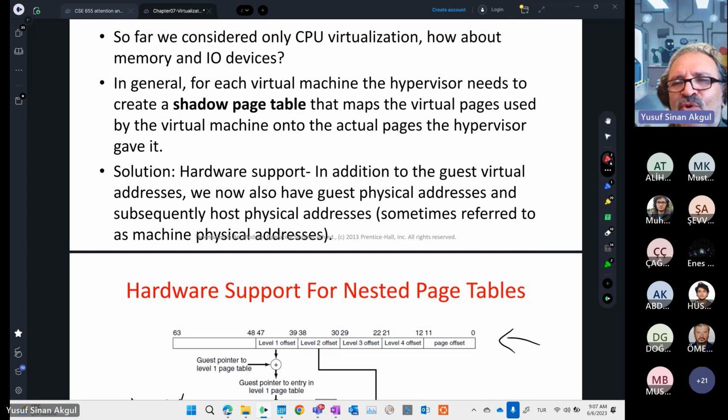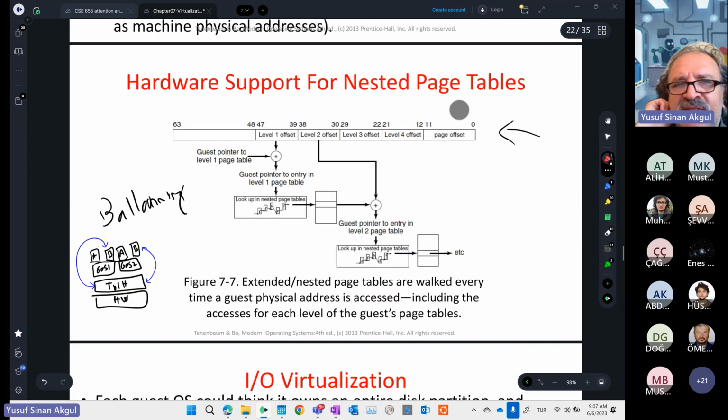They have to be converted back to host physical addresses. Host physical addresses are the real physical addresses. Our guest physical addresses are again virtual addresses. So there has to be some kind of virtual to virtual, then physical translation, and this is done by the hardware.